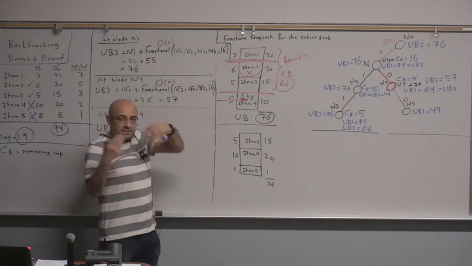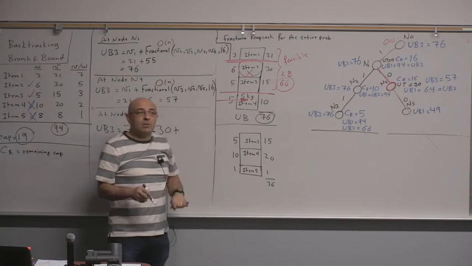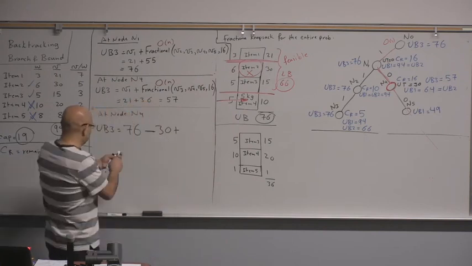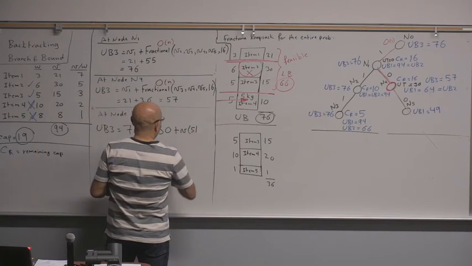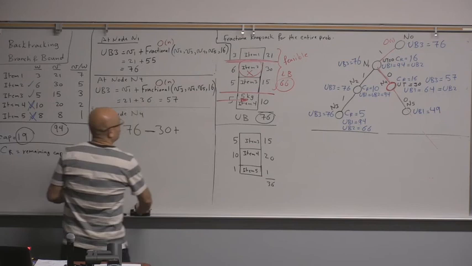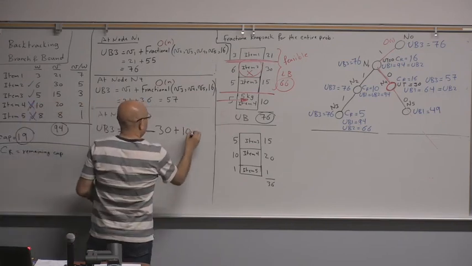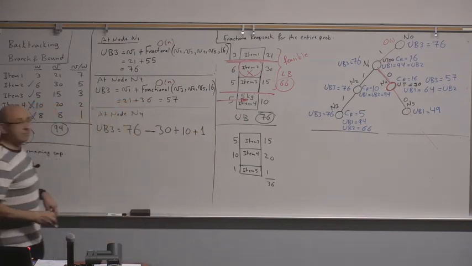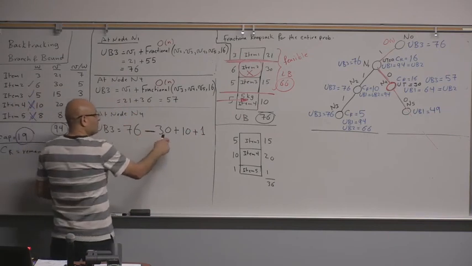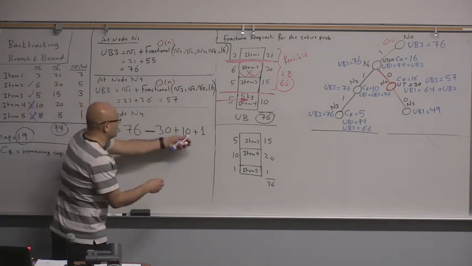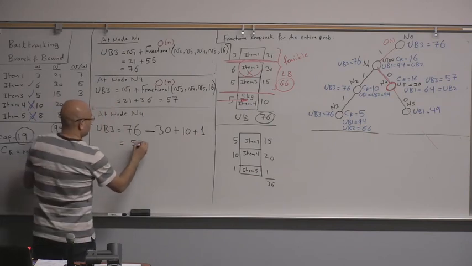In the 6 kilograms, I can take 5 more kilograms of item 4 and 1 more kilogram of item 5. So plus the value of 5 kilograms, or let's not complicate it, it's just going to be half the value of item 4, which is 10, and 1 of item 5. So this is another way of computing this. 76 minus 30, because this is the item that we decided not to take, plus 10 plus 11, and this will give you the same 57.